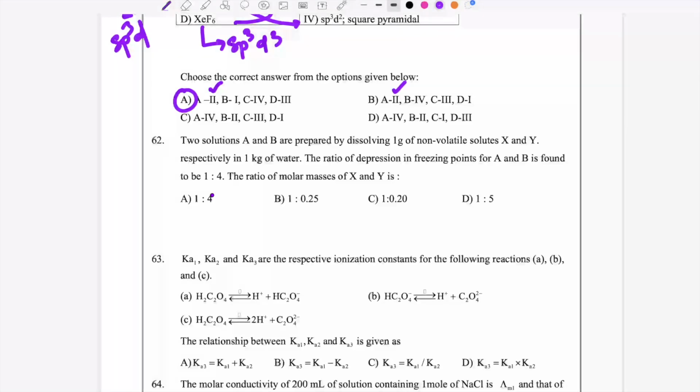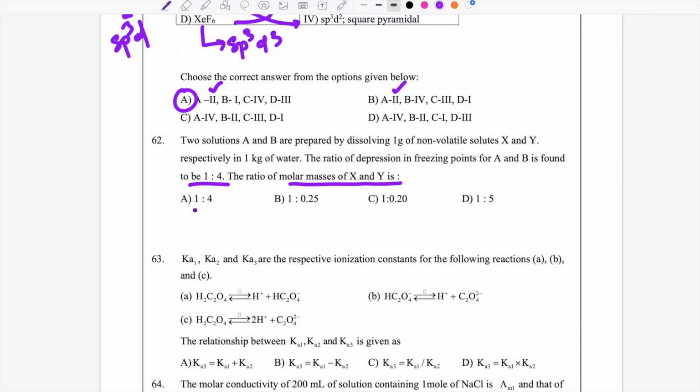In question number 62, two solutions A and B are given having non-volatile solutes X and Y, respectively, in 1 kilogram of water. The ratio of depression in freezing points of A and B is found to be 1:4. The ratio of molar masses of X and Y is asked. So we'll write the two formulae for the two solutions.